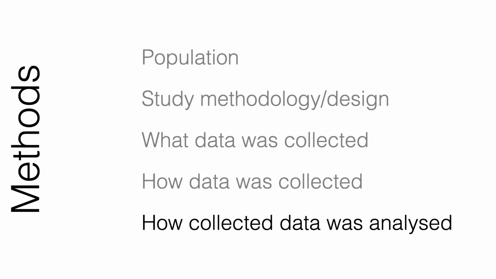If the methods are not good, if a question has been asked poorly, or rather the answer to a question has been collected poorly, then the results really aren't worth reading. That's why I read the methods section first. If the methods are poor, the results might easily be wrong.